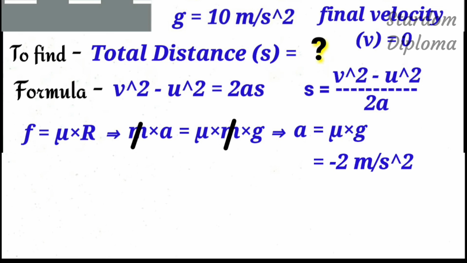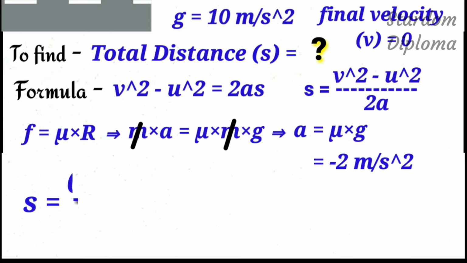Now we are going to substitute minus 2 in the formula of displacement. We have the formula S is equal to V square minus U square divided by 2a. The final velocity V is 0, initial velocity U is 10, and acceleration is minus 2.